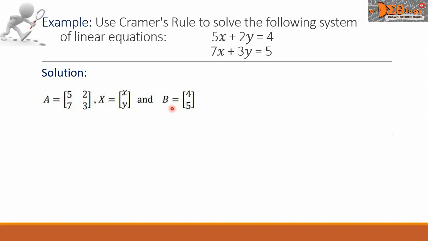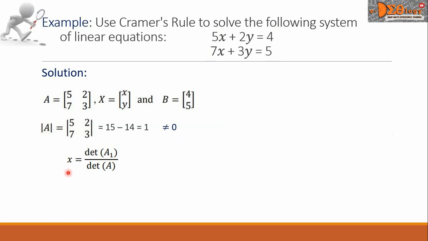Matrix B equals the column matrix of constants 4, 5 respectively. Let us compute the determinant of A. So this is 5 times 3, 15, minus 7 times 2, 14. 15 minus 14 is equal to 1, and of course, this is not equal to 0. Therefore, the values of x and y are defined.